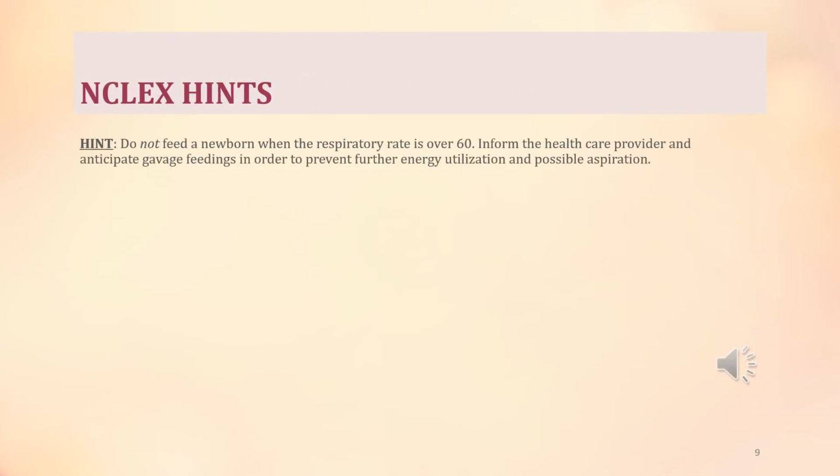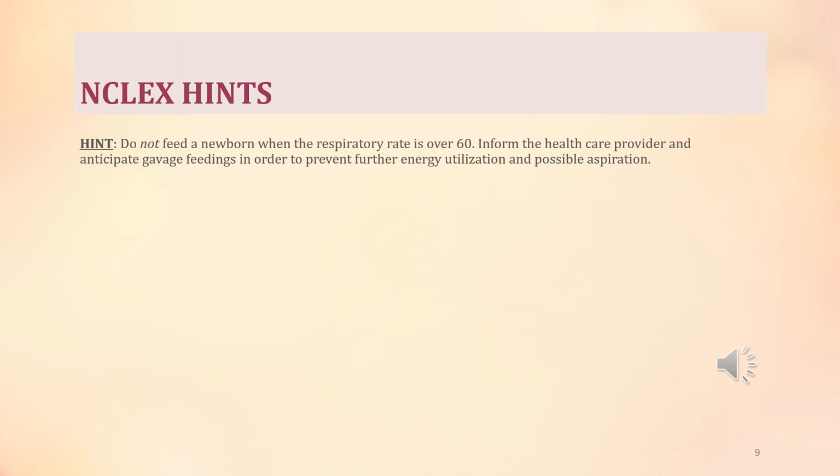So a hint for NCLEX: anytime a baby has a respiratory rate over 60. Okay, so my baby is jittery. I do a blood glucose and it's less than 40, so it's 35. I'm getting ready to see about feeding this baby to raise that blood glucose, but then I do the respiratory rate and it's 66. I cannot feed that baby.